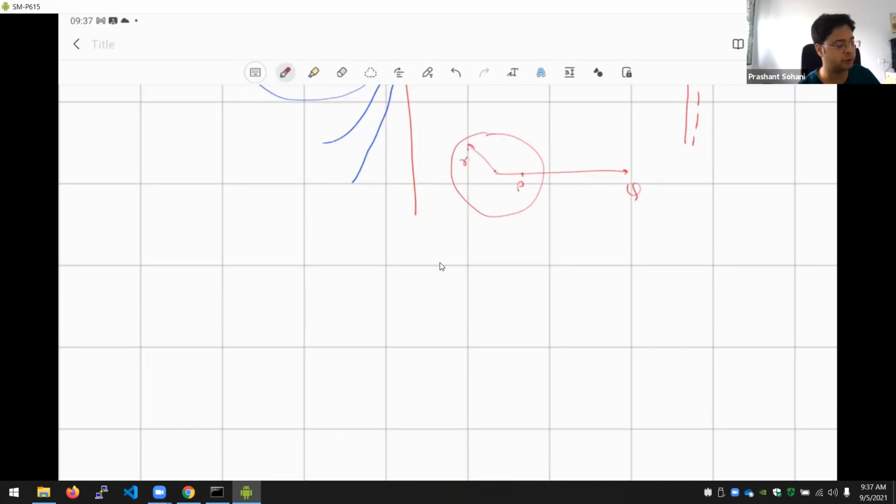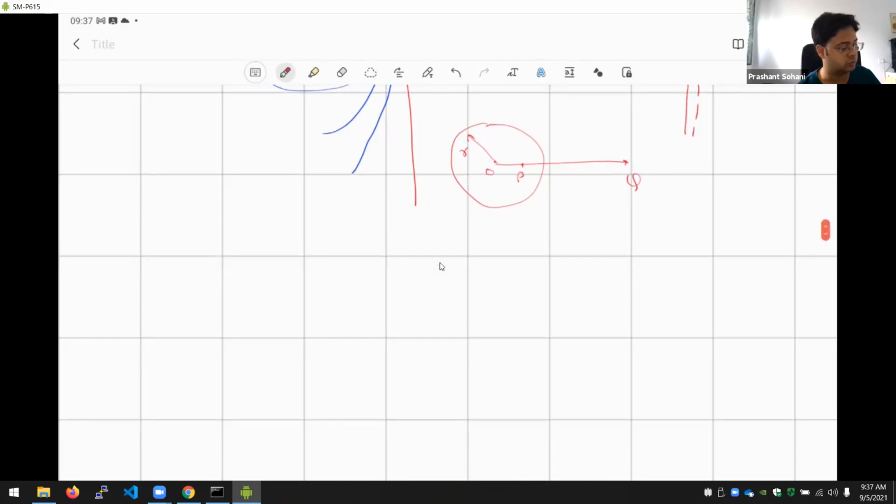Suppose you are given the point P and you want to determine point Q. Basically OQ is nothing but R square upon OP. So if I can do this computation, then I'm done.